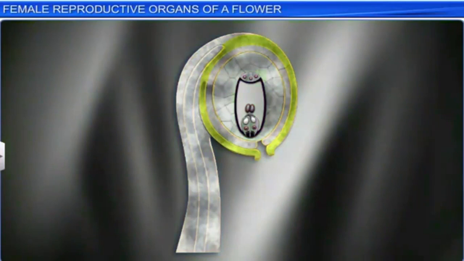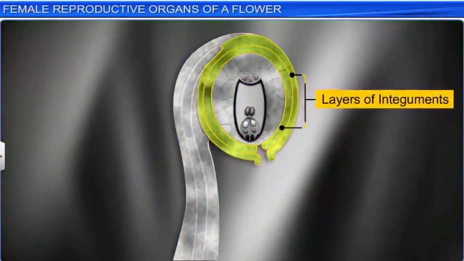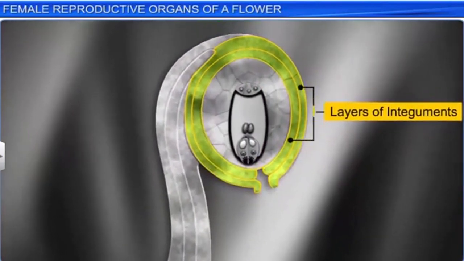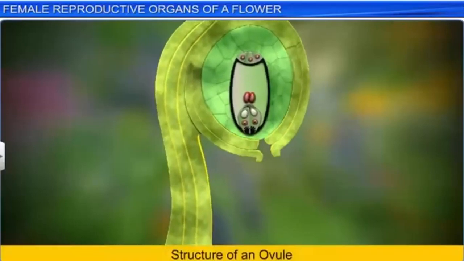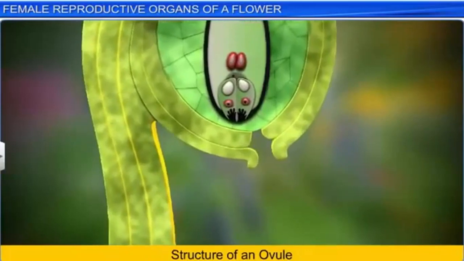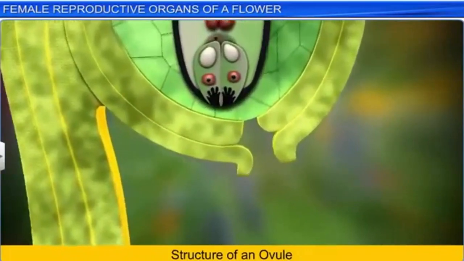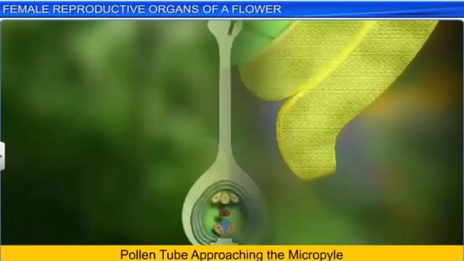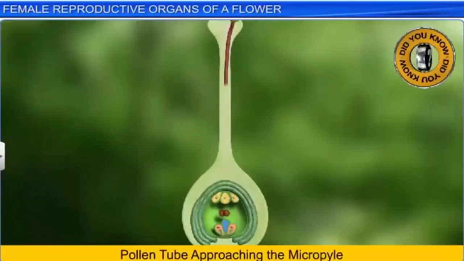The ovule is covered by two protective layers called integuments. After fertilization, these two integuments become the seed coat. These two integuments are absent in the region called the micropylar region. This region is called the micropylar region or micropyle. The micropyle helps in the entry of the pollen tube.